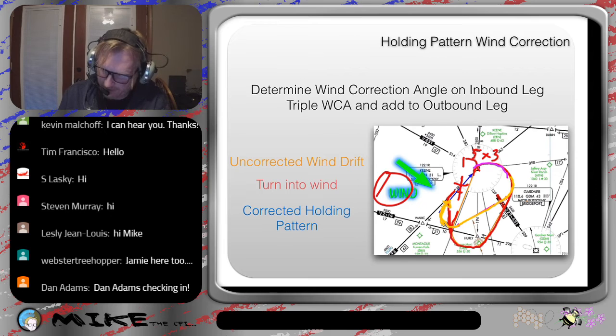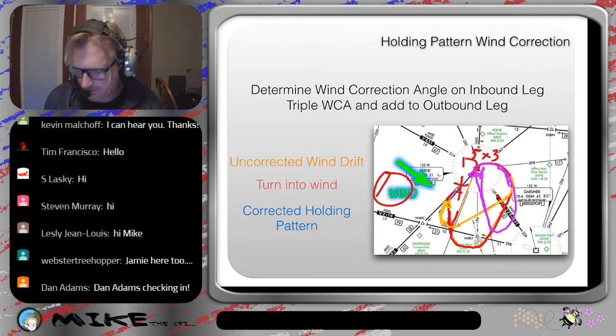If you just parallel your outbound course, you can get blown so far off course that even with a 30 or 45 degree intercept angle, you never make it back to the holding radial before you've already crossed the station. I've even had it happen where we never even get back to the course, and we're already seeing the needle flip from a to indication to a from indication, which means that you're past that perpendicular point.